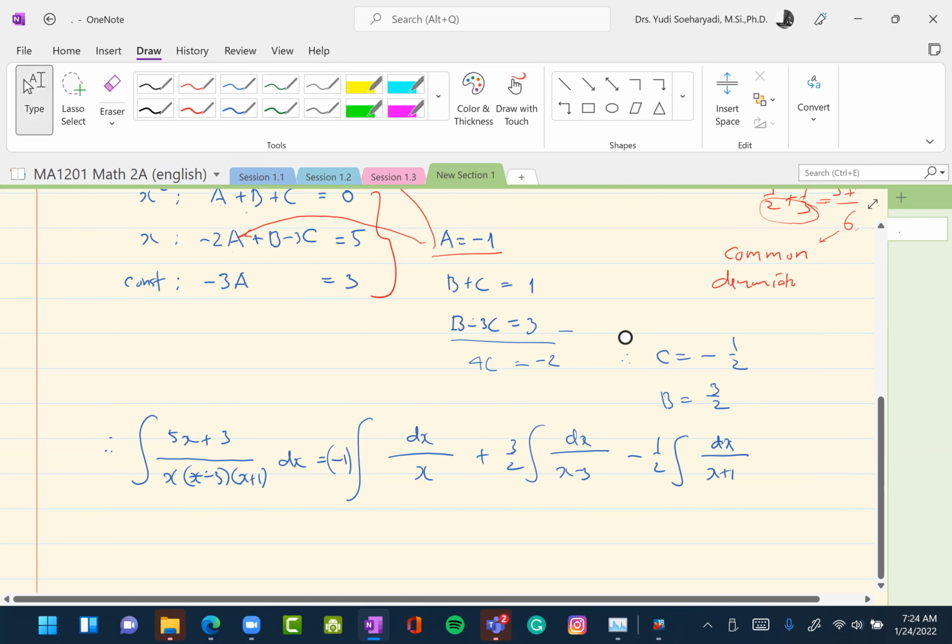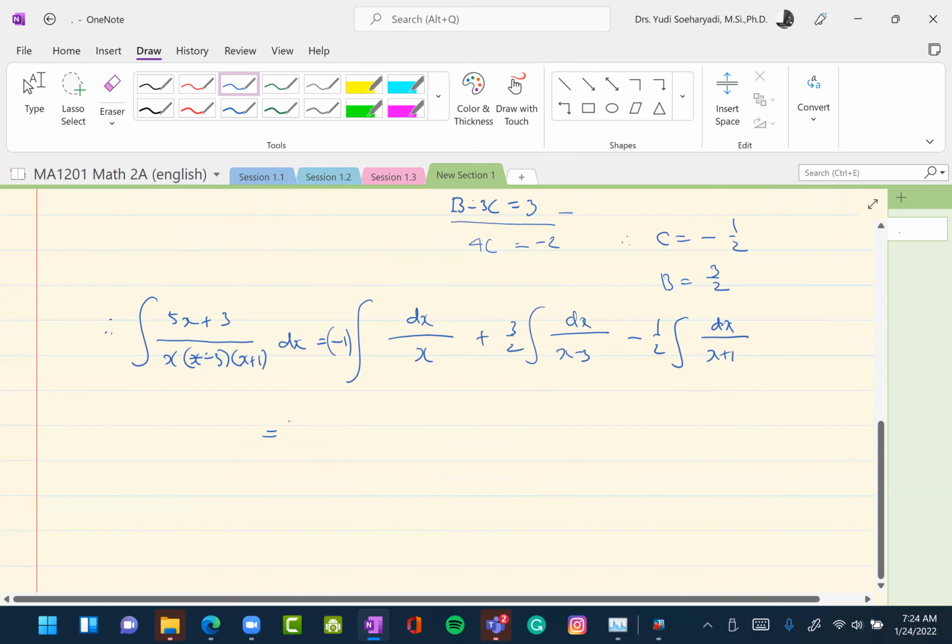So this is negative ln of the absolute value of x, plus 3/2 ln of the absolute value of x minus 3, minus 1/2 ln of x plus 1, plus not c, just k, the constant.